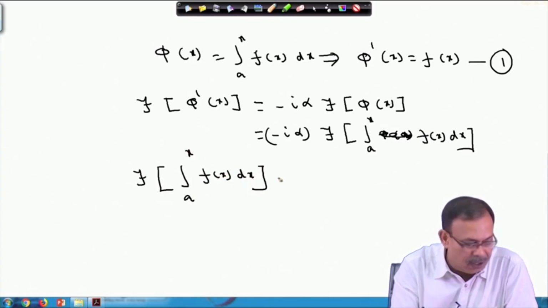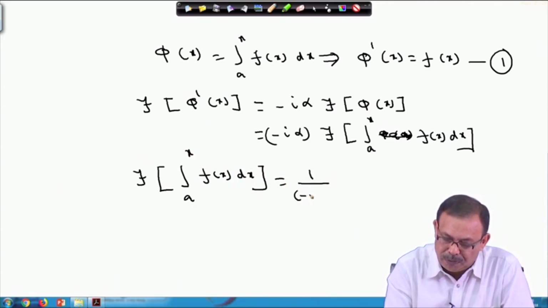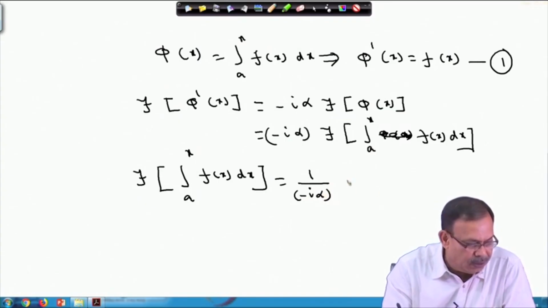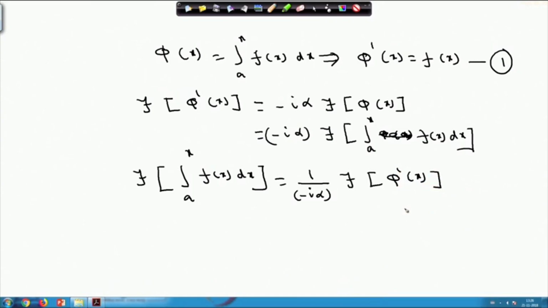This is nothing but minus i alpha will go to that side, so 1 by minus i alpha into the Fourier transform of phi dash x, and the Fourier transform of phi dash x is nothing but, since phi dash x is f(x), 1 by minus i alpha into the Fourier transform of f(x).